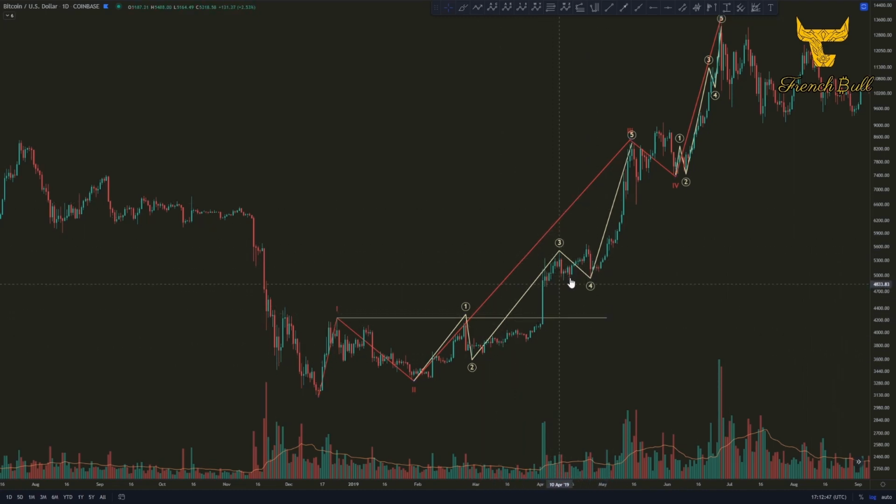Bids are getting higher and higher, and here we're just making higher high, higher low, higher high, higher low. We never really got a deep pullback.